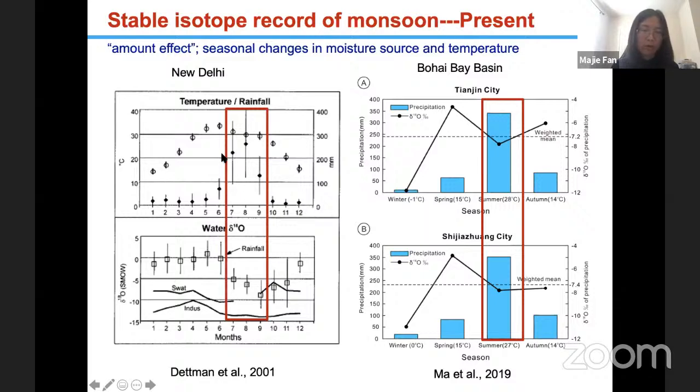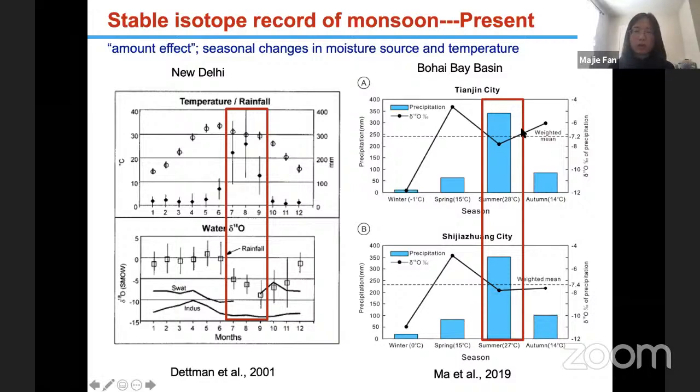Only during the summertime does the precipitation amount increase and also temperature increase. During this time period, we see the delta 18O value of rainfall, represented by this square, drops during the summertime. This has mainly been a result of the amount effect. This is quite characteristic of the South Asian summer monsoon.